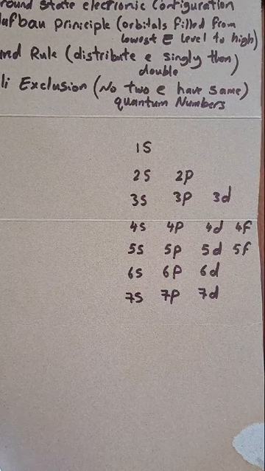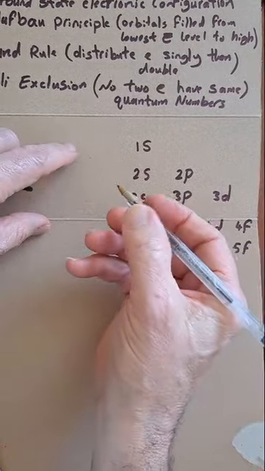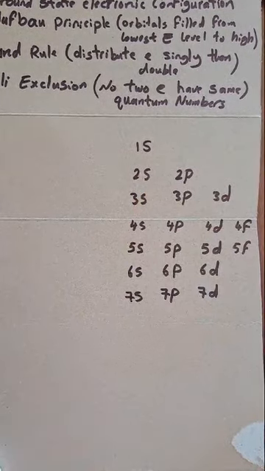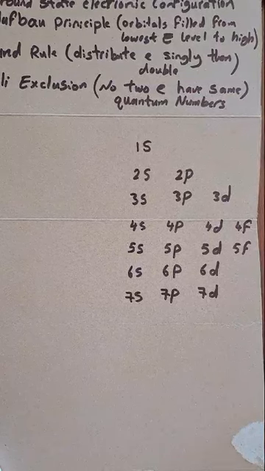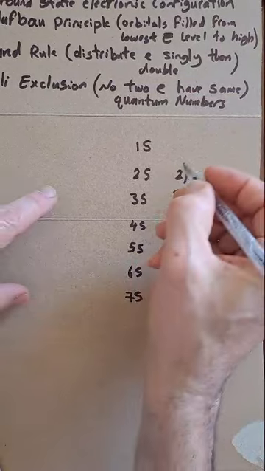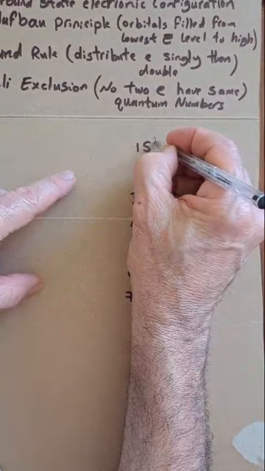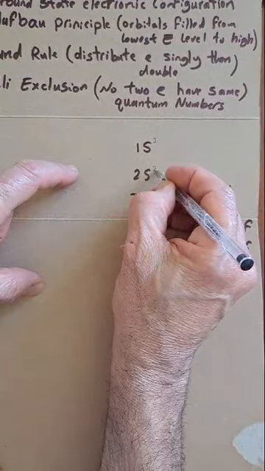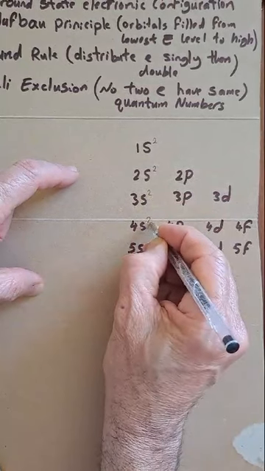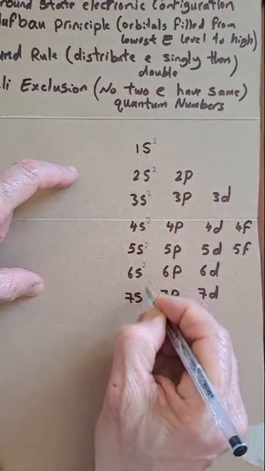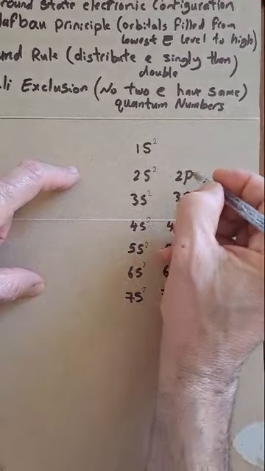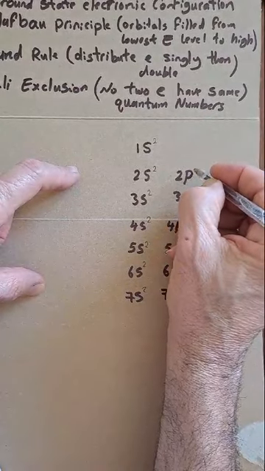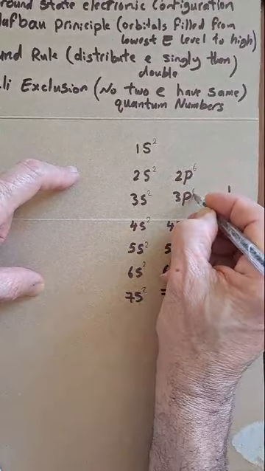the maximum of electrons in the s, how many? 2. And in every s, 2 electrons. And every p can take a maximum of 6 electrons.